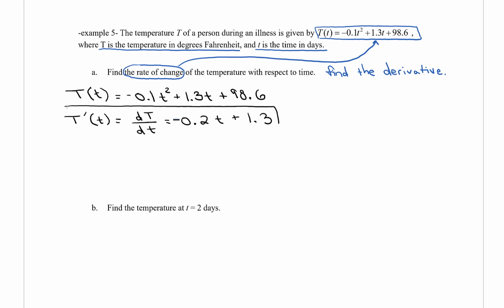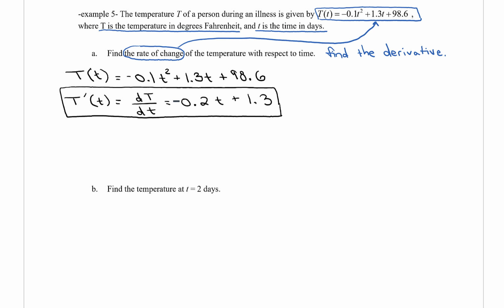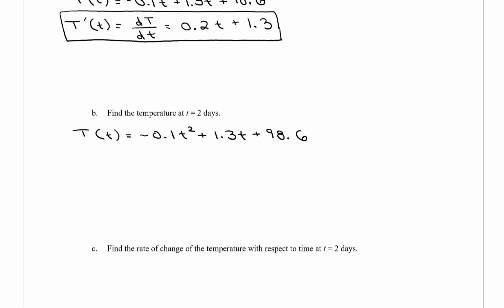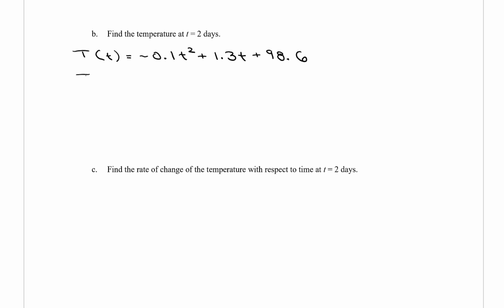B, find the temperature at t equals 2 days. First, let me write down the original function. T(t) is equal to negative 0.1 t squared plus 1.3 t plus 98.6. T(2) is equal to negative 0.1 times 2 squared plus 1.3 times 2 plus 98.6.